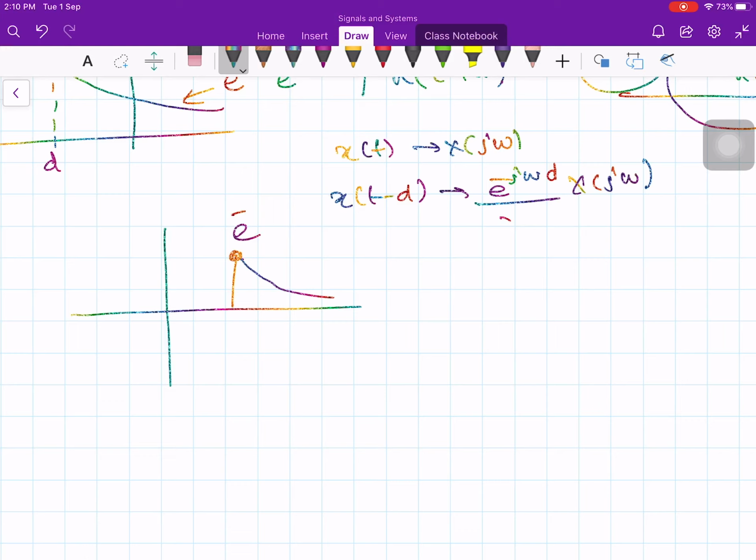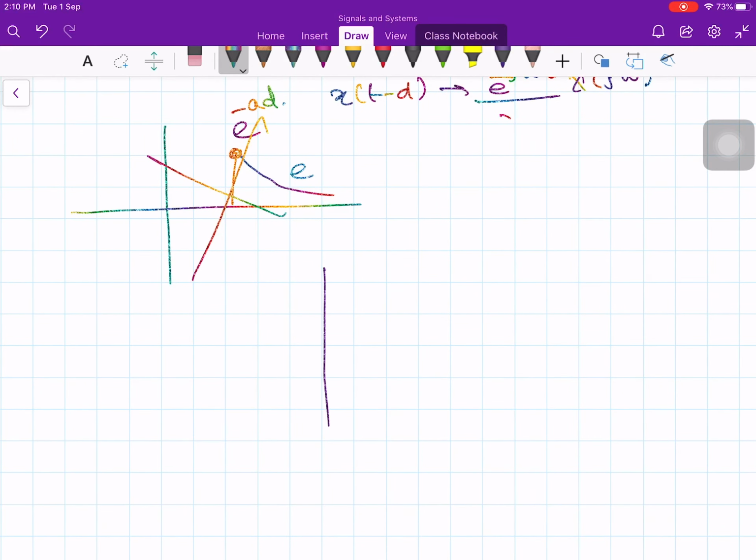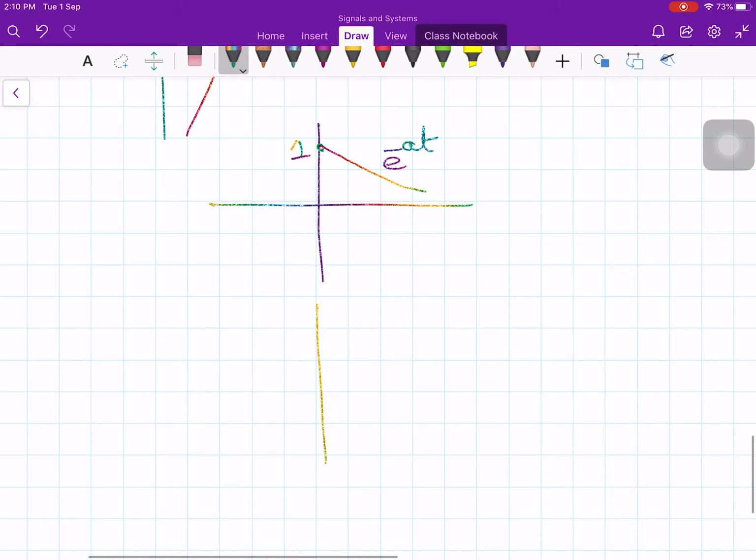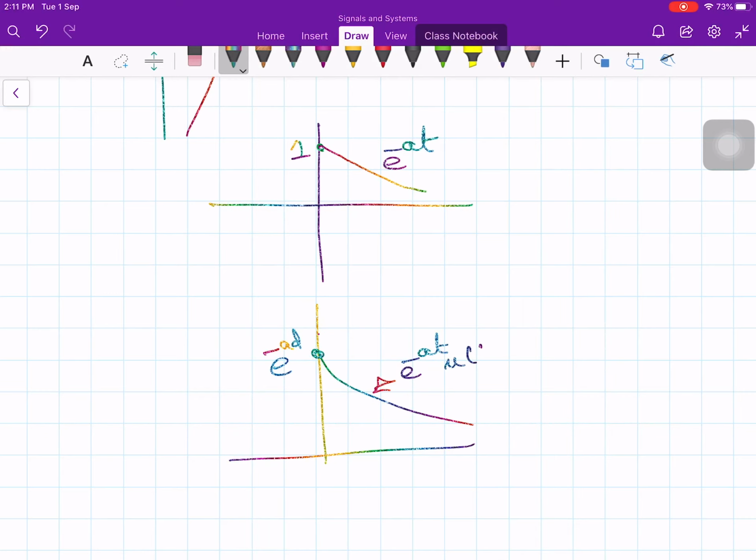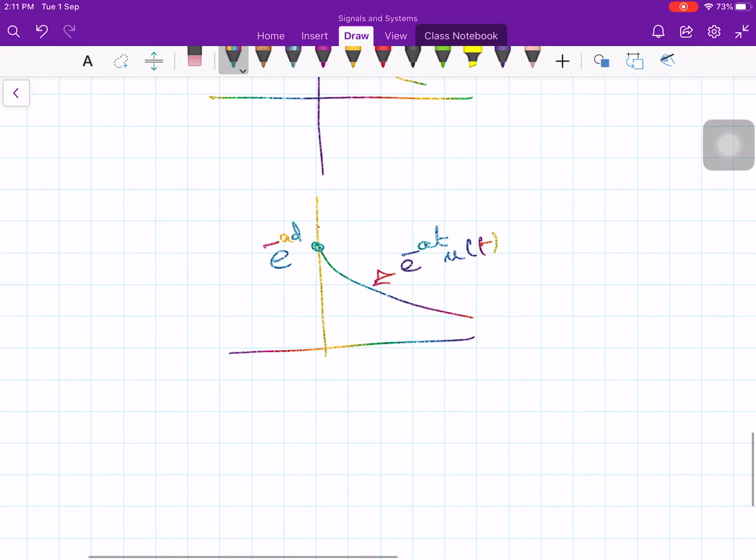And this again is a delayed version. So first what we do is construct a signal. We know e to the minus at, and this magnitude is 1. Now I am going to construct another signal, but the magnitude is not 1, it is e to the minus ad, and this one is e to the minus at times u of t. Now I need to shift to the right hand side up to d units.